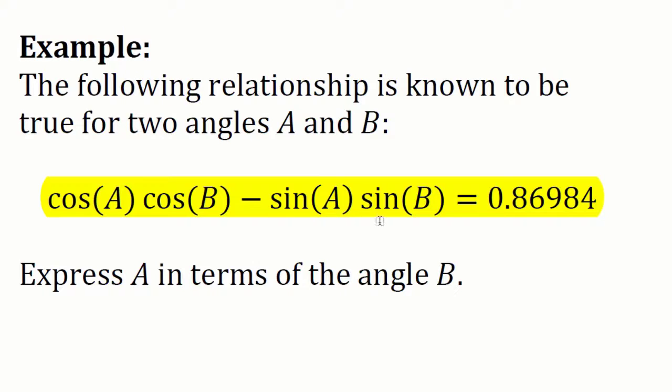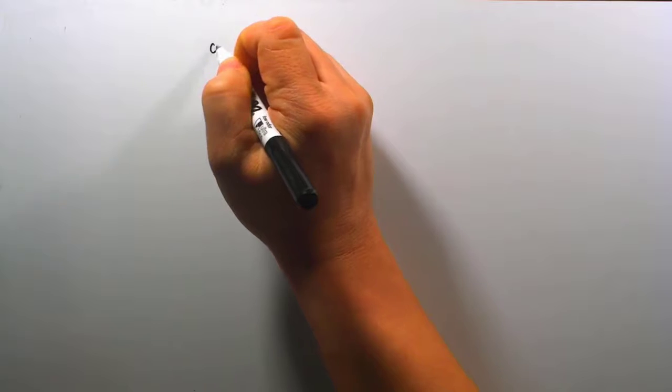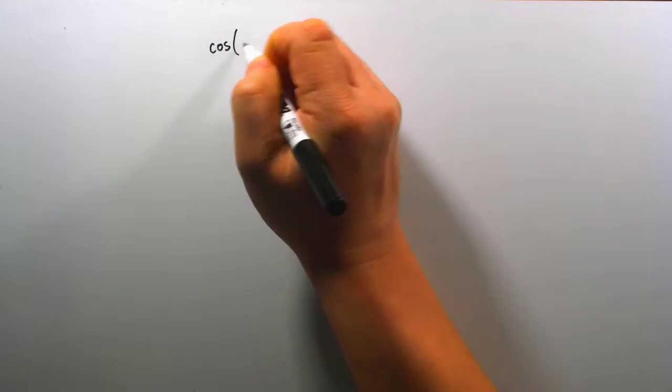So what we had in our problem was a relationship where the left-hand side came out from the cosine of a sum identity. But besides the cosine of a sum identity, we also learned about cosine of a difference.